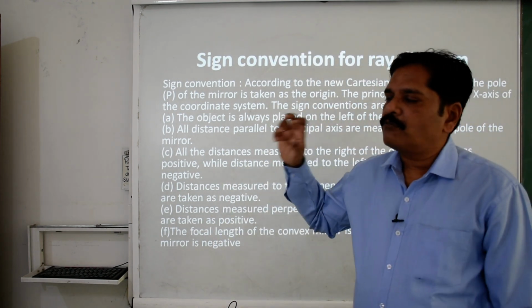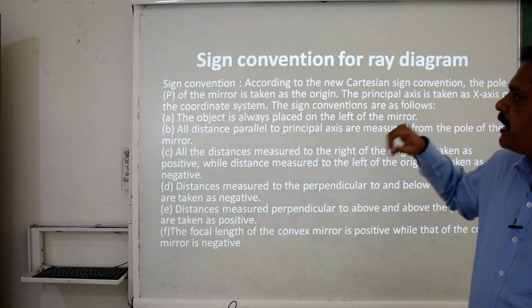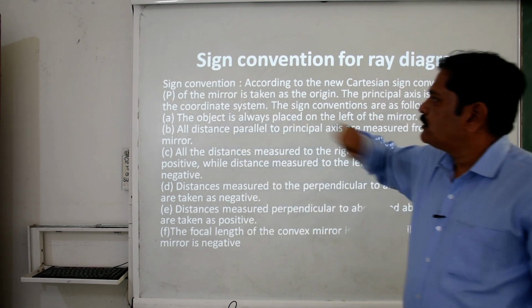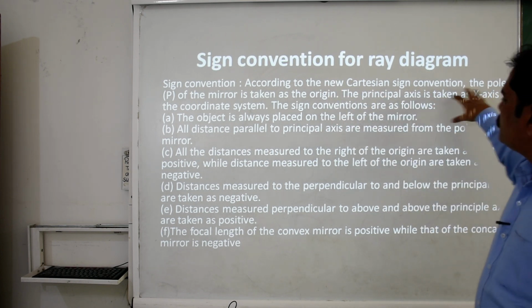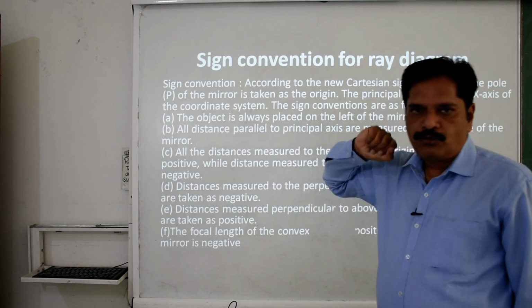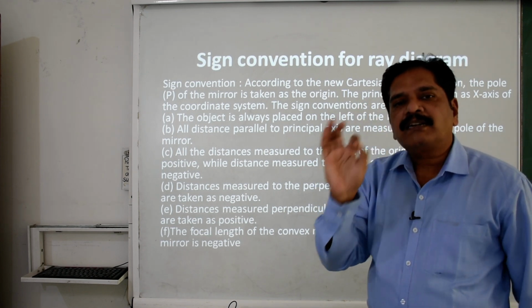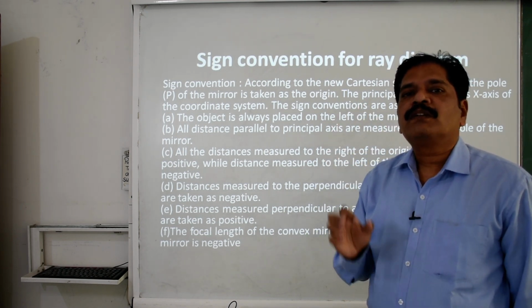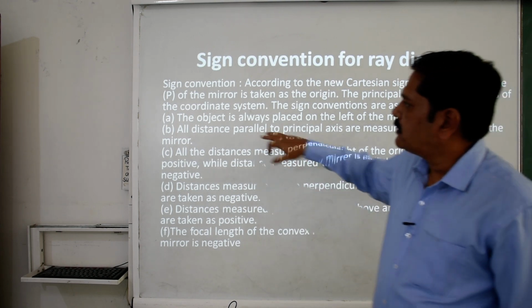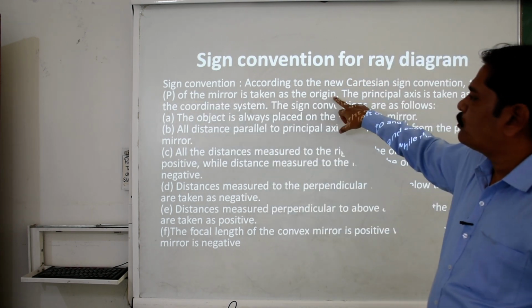What will be the sign convention for the ray diagram? According to the new Cartesian sign convention, the pole P, the center point of the mirror from where the principal axis passes, is taken as the origin.